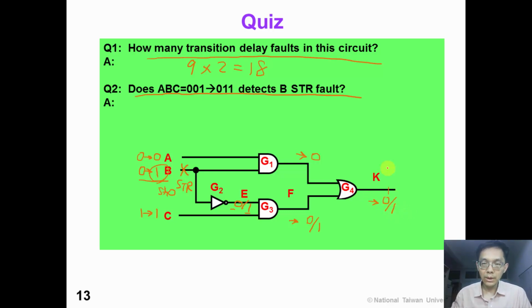So if we see a 0 at the output K, it passed the test. If we see a 1, it failed the test. Since we already have a rising transition at input B and we detect the stuck-at-0 fault in the second pattern, yes, we detect B slow to rise fault. Have you got it correctly?